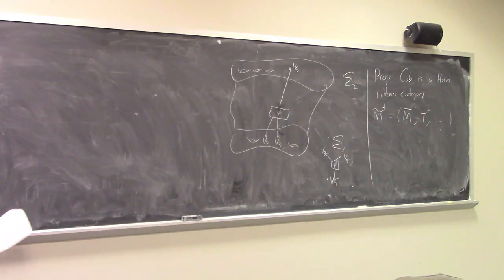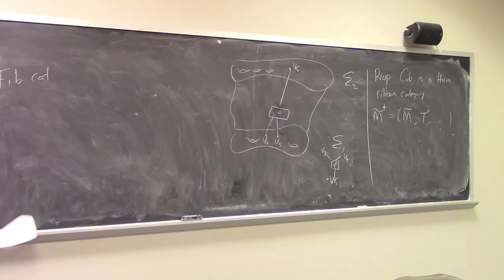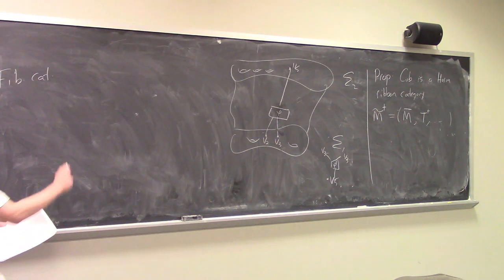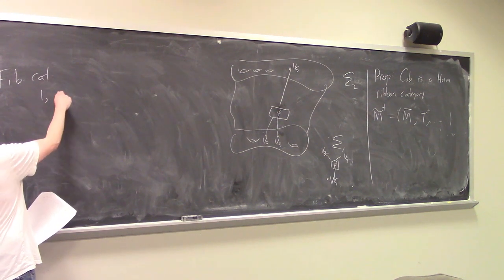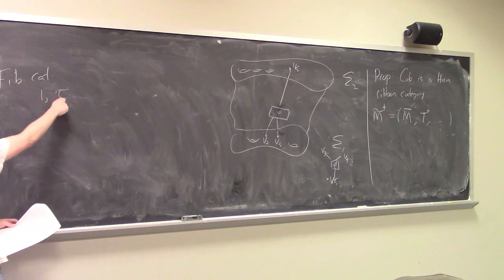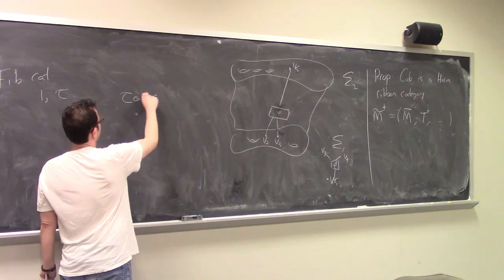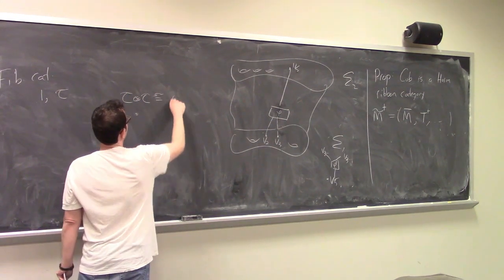And so there's this Fibonacci category, which I said before you could construct from semisimplified quantum groups at roots of unity, and then you take some subcategory. This Fibonacci category has two objects, simple: 1, the monoidal unit, and tau. It's called the Fibonacci category because tau tensor tau is 1 plus tau.